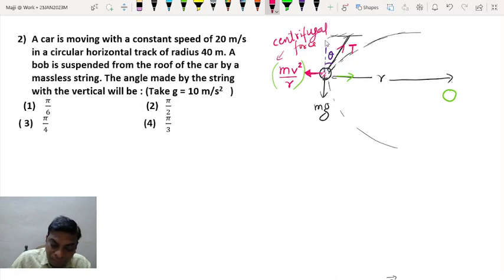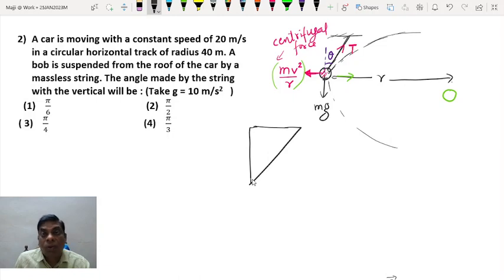So the bob is at rest, because if you stand in the car and observe it, you will find the bob at rest. So the bob is in equilibrium. Since the bob is in equilibrium, we can draw the force diagram and see that it must form a triangle, a closed polygon of 3 sides.